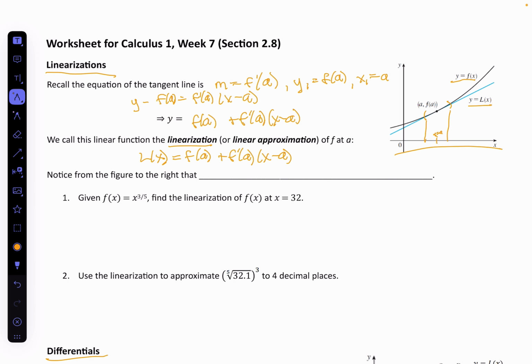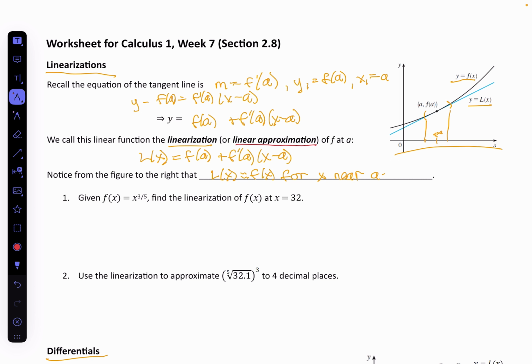So what we have then is that the linearization values are approximately equal to the function values for x values near a. So we can use this property of the linearization, that's why we sometimes call this a linear approximation. We can use this property that the linearization approximates f to get approximate values for the function if the function is a hard function to evaluate.